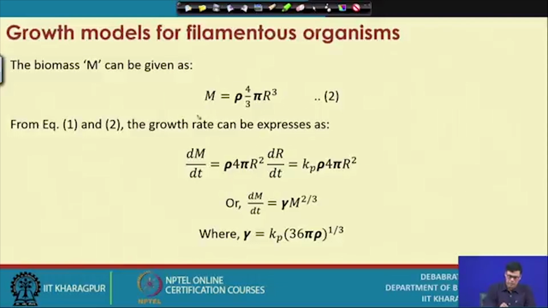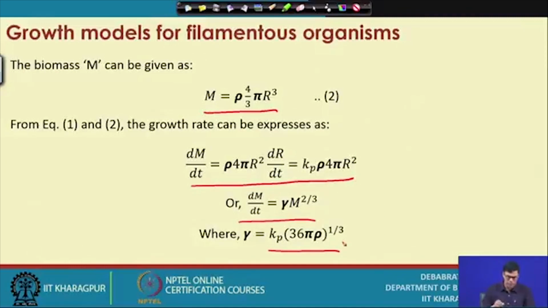Then we can write that m is coming in this form. Now if we differentiate m, we will get this equation, and I have already explained this.